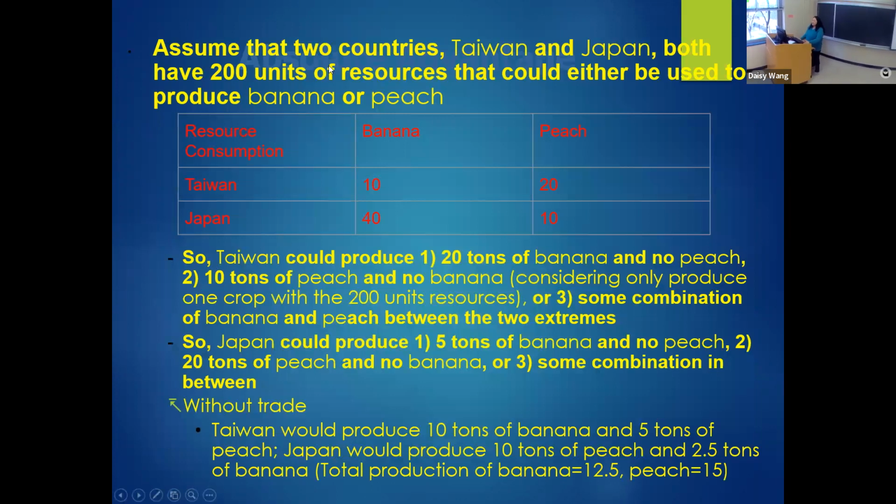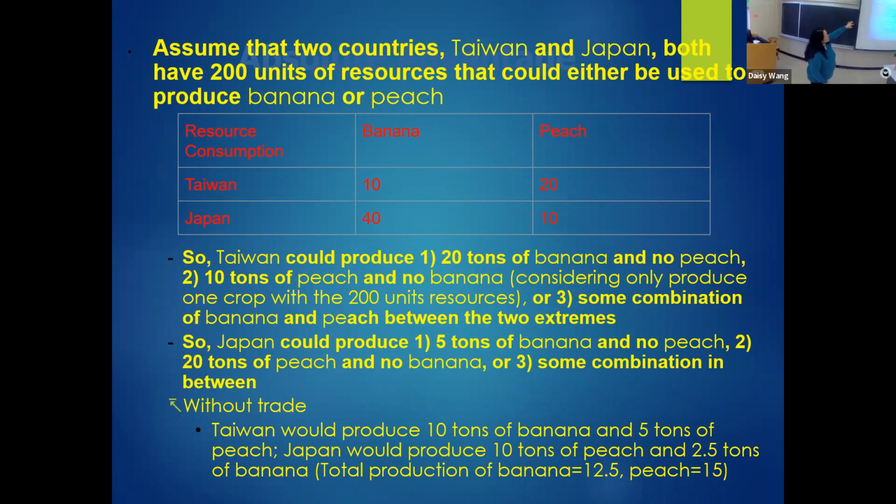Later on we have the absolute advantage trade theory. We use an example between two countries: Taiwan and Japan. Taiwan is famous for growing bananas, and Japan is famous for growing peaches. That's why I use the example.